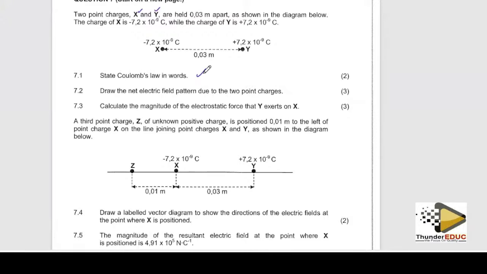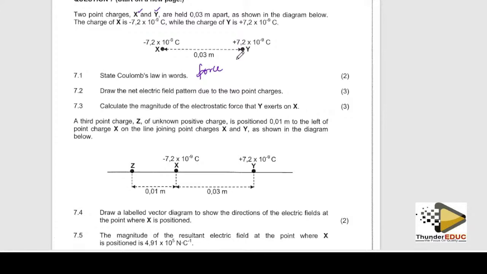Okay, so we know that for any two point charges placed next to each other, the force between the charges is directly proportional to the product of the magnitudes of the charges and inversely proportional to the square of the distance apart.